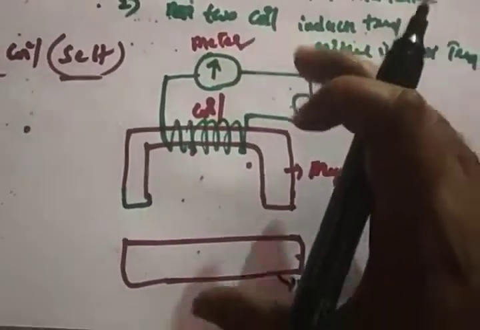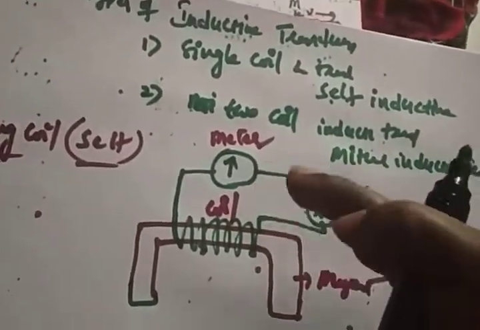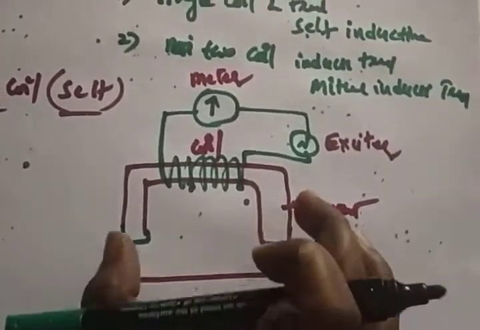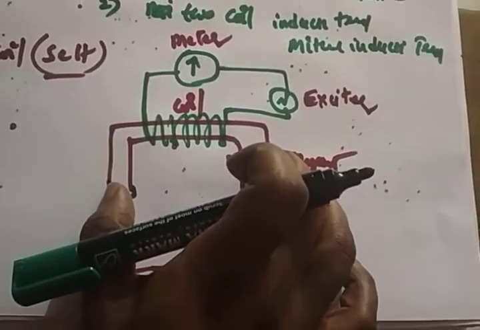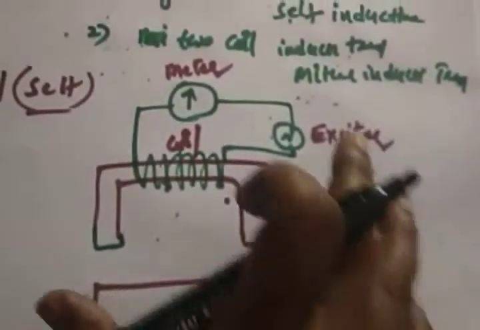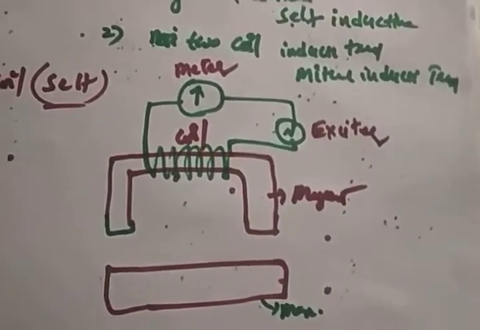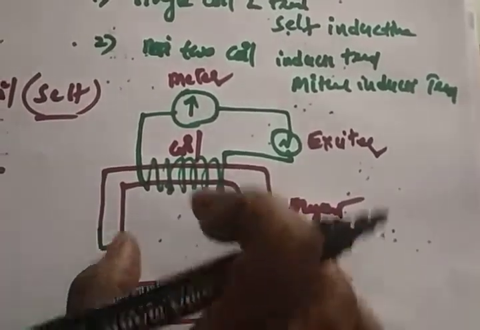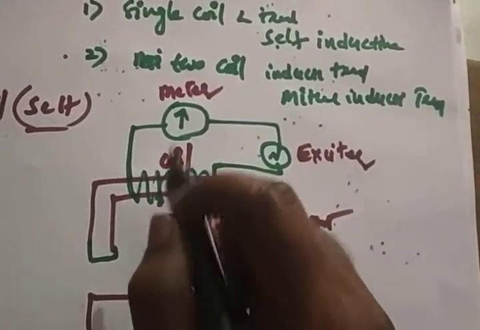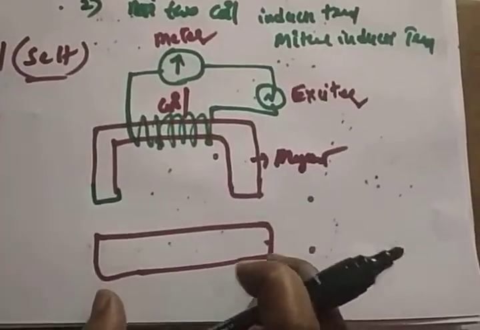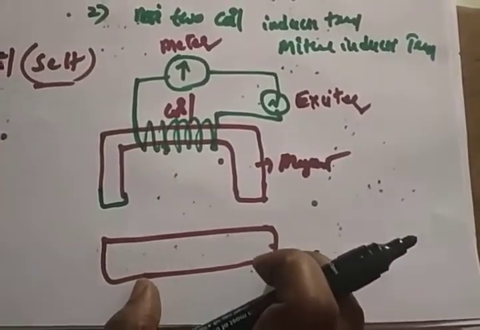This is a single coil inductive type transducer, which has a single coil. It has two magnets connected in parallel. One magnet has a coil connected to it, and the other magnet, which we can call an armature, is another piece.